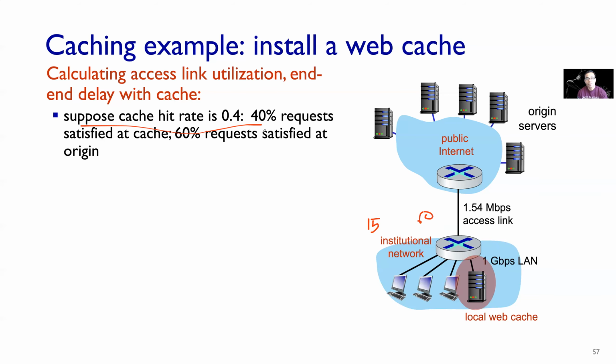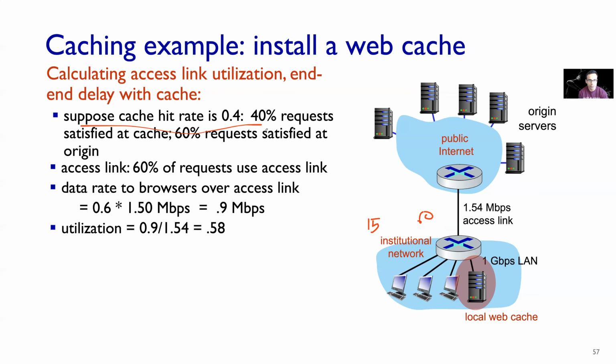So based on this information, we can now actually work out the delays, right? So since we are only sending 60% requests out, we would obviously be fetching only 60% of the objects from the origin servers, which means the total traffic we are generating now comes down to 0.9 megabits.